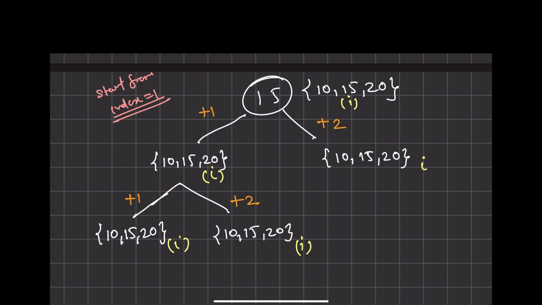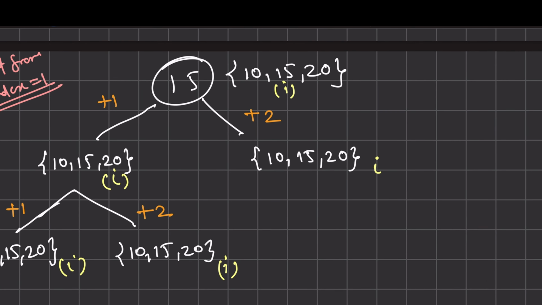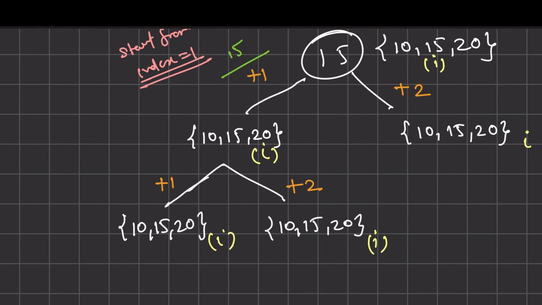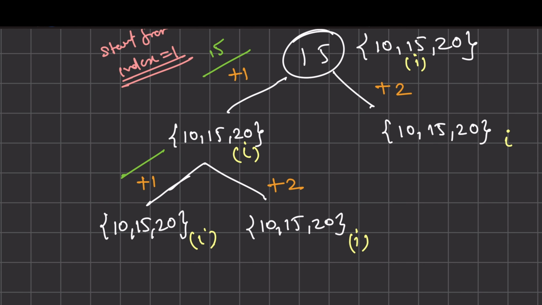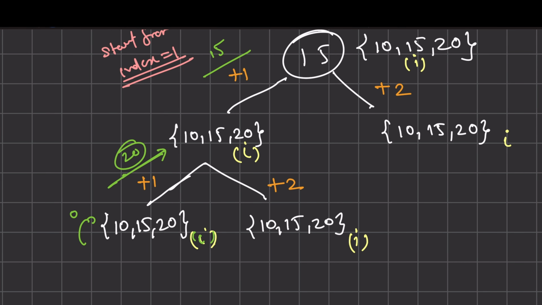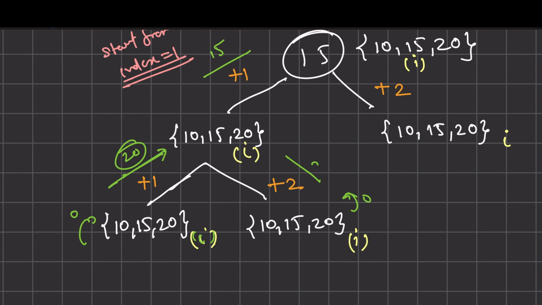The cost it will take to reach here is 15, it took 15. Here we took 20. Now here we go out of bound, so we'll return 0. 0 plus 20, from here we will receive 20 from the left side. From the right side same, it will return 0. The cost is 20, so it returns 20.